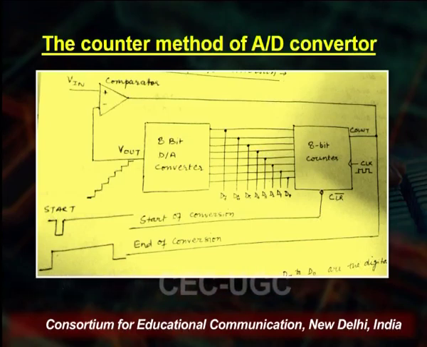The output of the DA converter is again fed to the op amp. Now, looking carefully, what are the three most critical things that we see over here? First is the op amp configured in open loop configuration, one 8-bit DA converter and one counter.